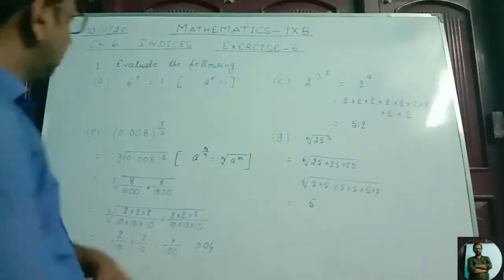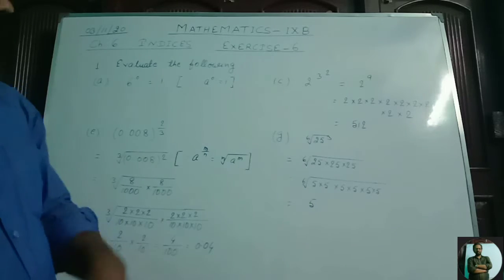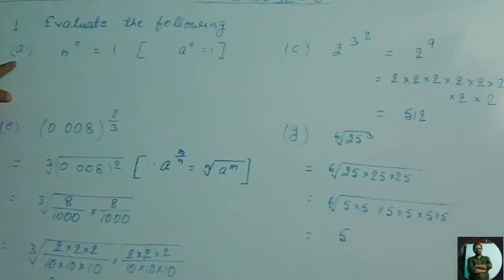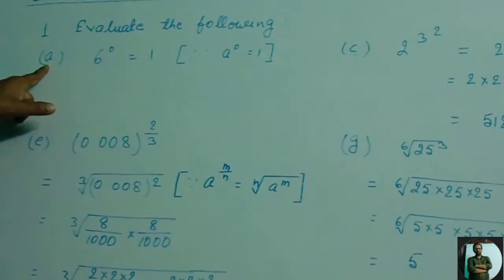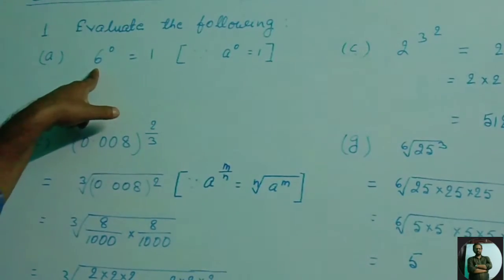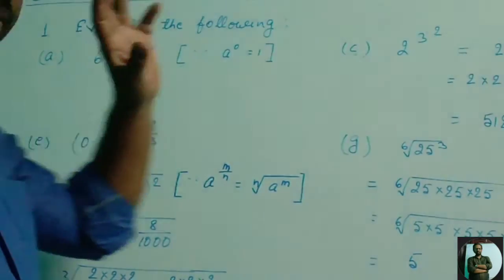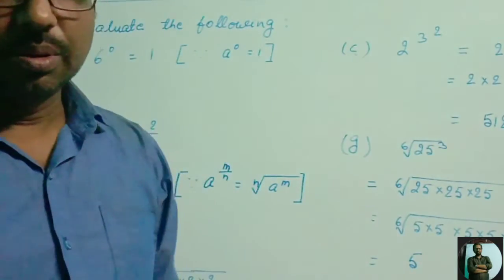In question number 1, we are asked to evaluate the following. Question 1 A is 6 to the power 0. We have studied that if the power is 0 upon any number, then that will be equal to 1.